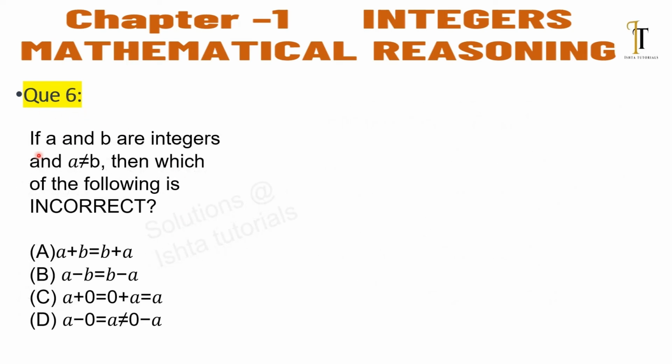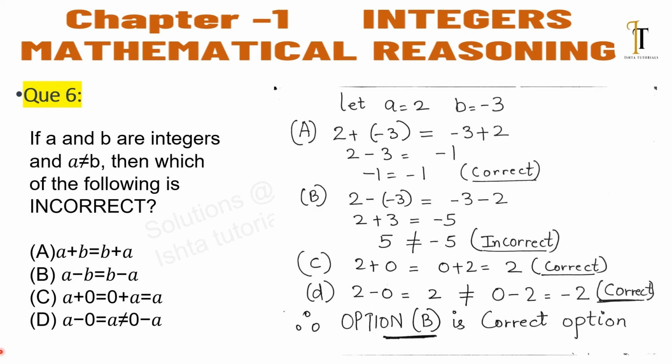Question number 6. If A and B are integers and A is not equal to B, meaning when you assume A and B, they should not be the same, then which of the following is incorrect? You need to find which option is incorrect. I must say, when these questions come, let's assume the integers to be only one digit numbers. Let's say A is equal to 2 and B is equal to minus 3.